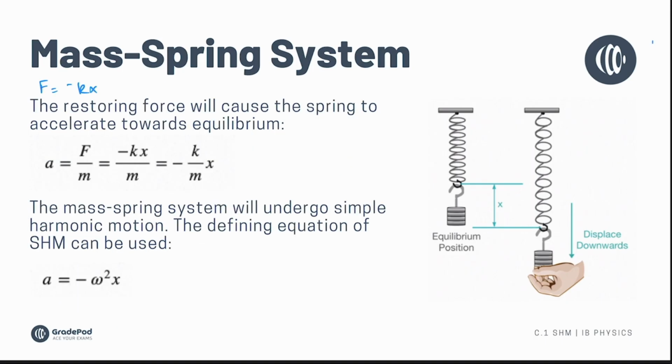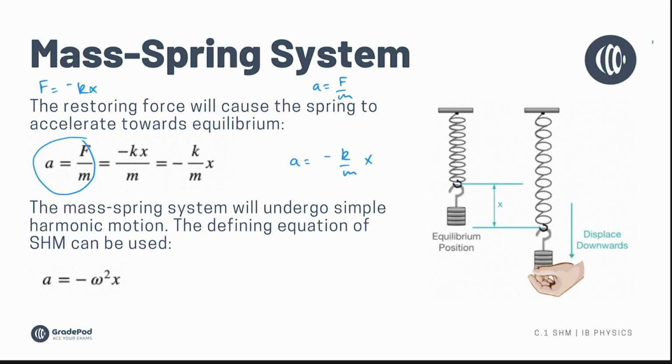This restoring force acts towards equilibrium, but also causes the spring to accelerate. And we know that a is equal to F over m. So let's take that, a equals F over m, and instead of F, let's put in minus kx and work through a little bit. Well, what we can find is that a is equal to minus k over m x.